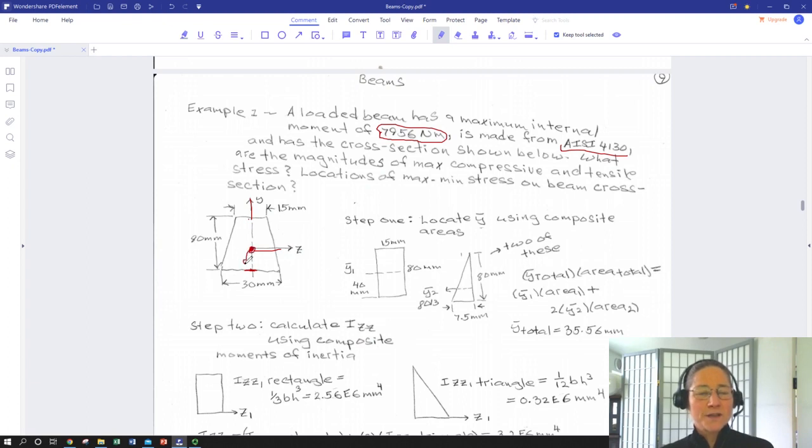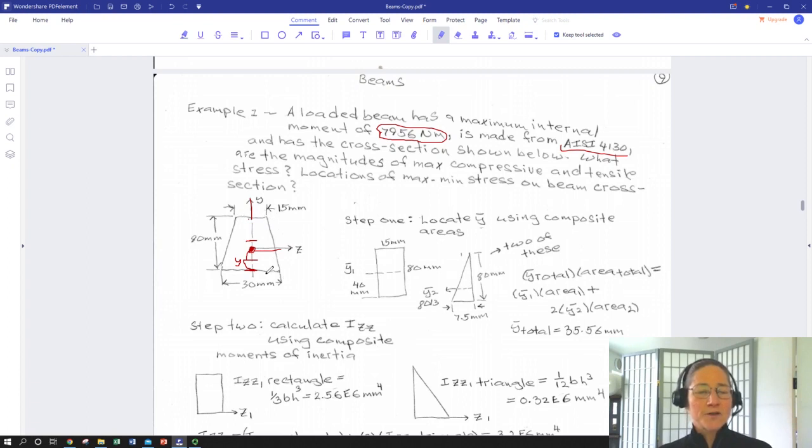So all we'd need to know is this y, and that would be the y we would use in the flexure formula. If we had an applied normal force stretching or compressing the beam, then the neutral axis would float upwards or downwards from that centroid, and we would use the distance from the neutral axis for our max.